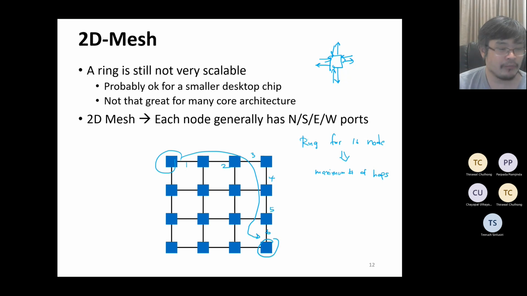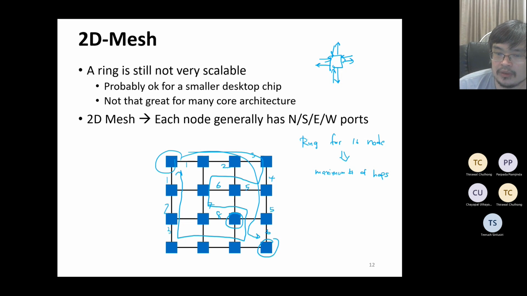But I may be wrong because let me think. 16 node. But let's just look at this diagram, right? So you go to here, down to here, down to here, down to here, right? That would be a ring, right? So if you want to go from here, 1, 2, 3, 4, 5, 6, 7, 8 to get to this destination. If you go here, 1, 2, 3, 4, 5, 6, 7, 8.